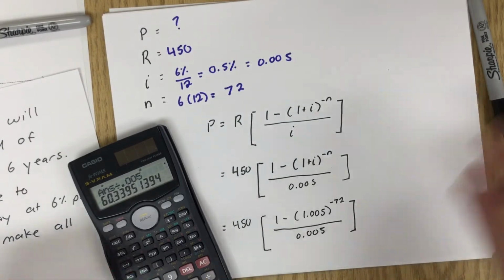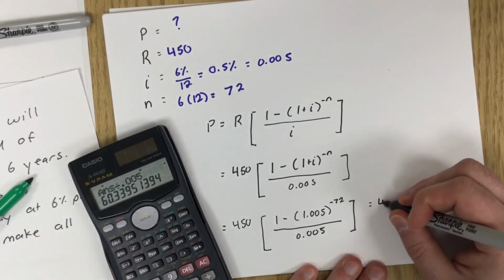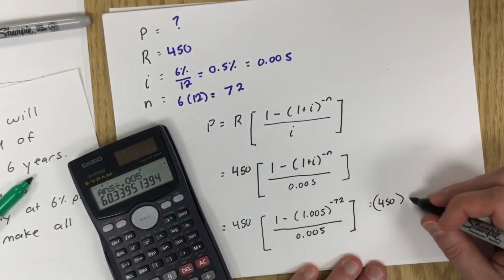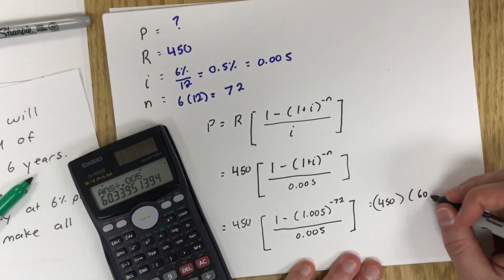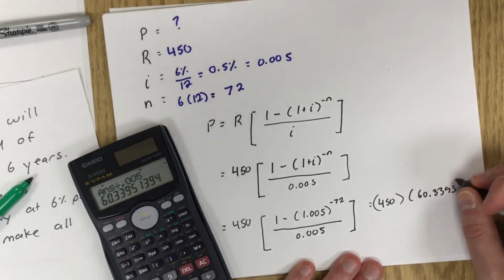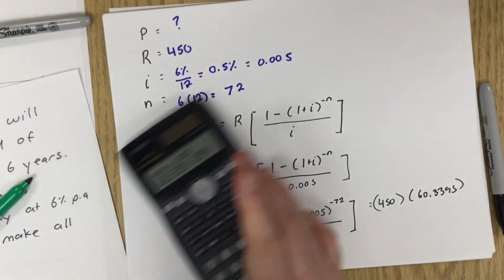So that's going to be, I'm going to give a halfway point just so you could make sure that you're typing it into the calculator correctly. So it should be something like that. I'm going to keep all the numbers in there.